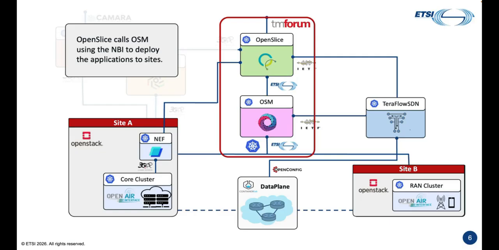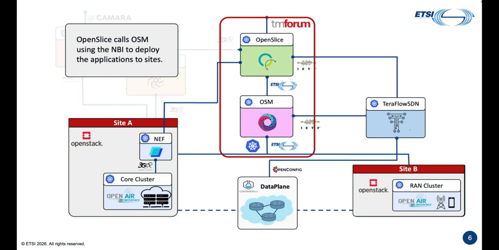So in this case, OpenSlice calls OSM using the northbound interface and the APIs that are available there. When you deploy OSM, the NBI component is a core part of the OSM deployment, because it's the component that allows you to call OSM from external calls using just HTTP requests based on API calls.